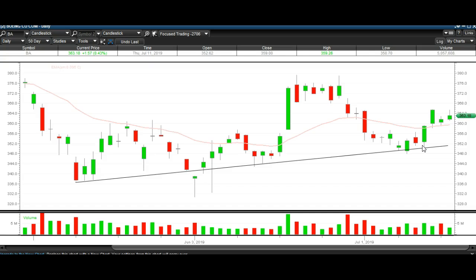So we ended up entering near the lows on this day and ended up selling for profit near the highs, just because it was a shorter term play, and we were just looking for a quick bounce off of a trend line.